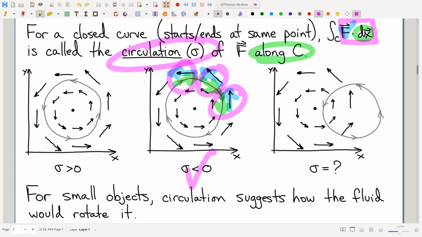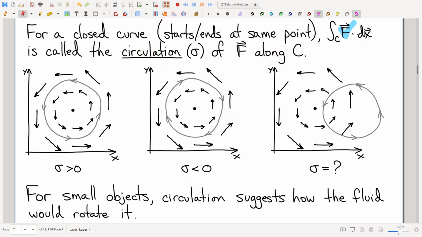And one way to think about this, the way I like to think about this, is think of the direction that the curve is going as part of the question you're asking. When you ask, how is this fluid circulating, specifically think of it as, to what extent is the fluid circulating clockwise?